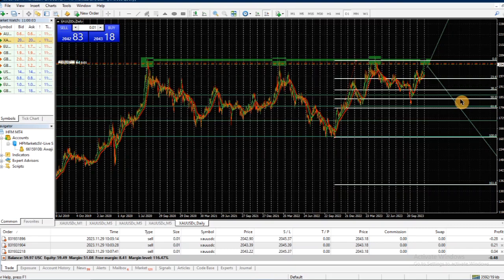There are levels before and after level 50 which are significant to market movement, a kind of retracement position for the market. So when this market retraces back, it's going to recognize this level.